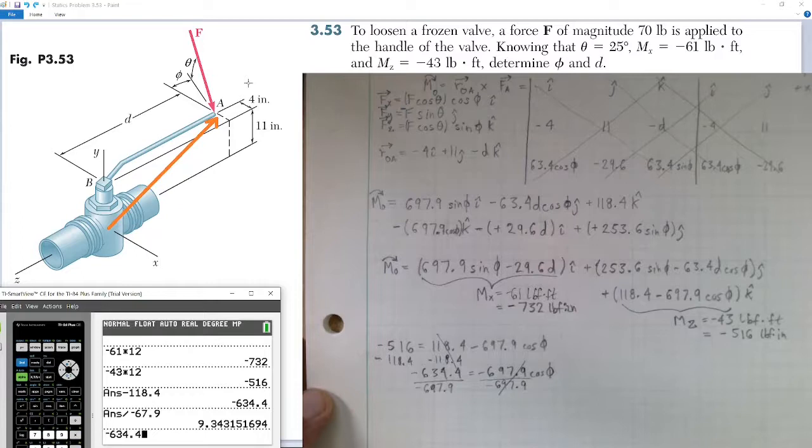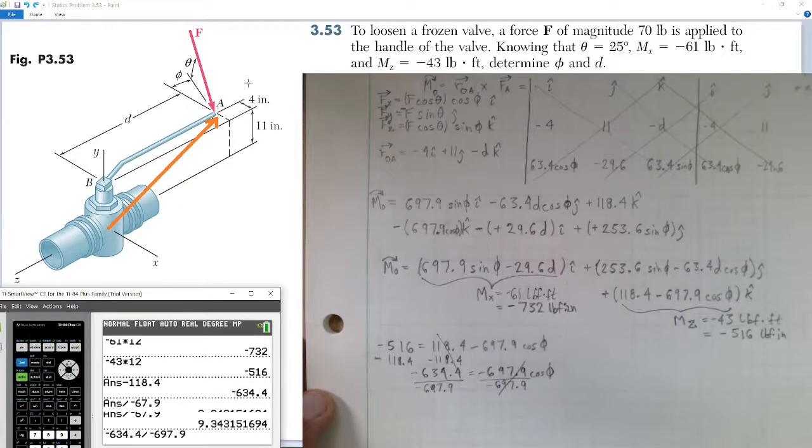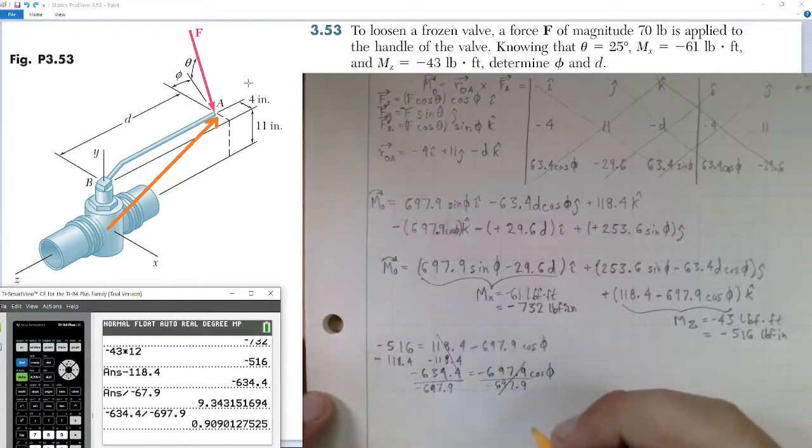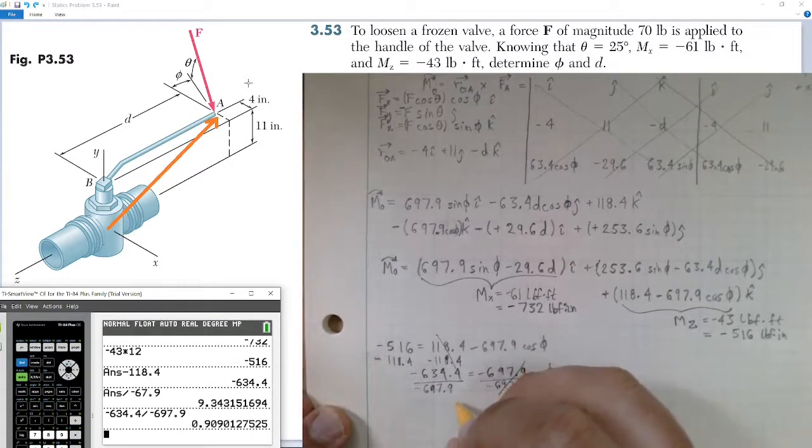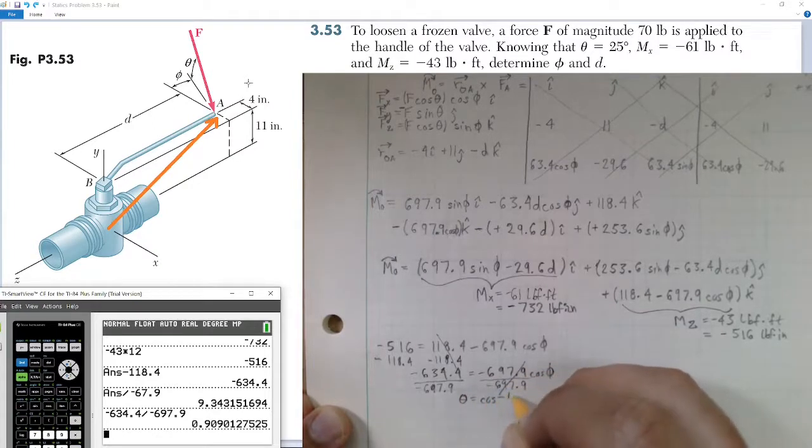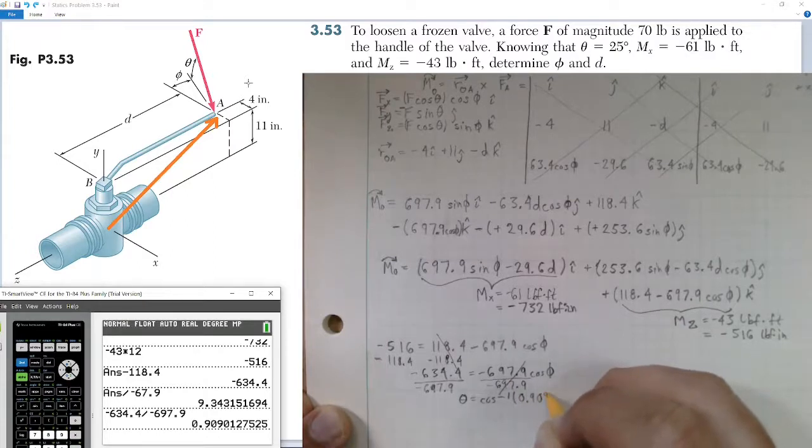This number divided by negative 697.9. There we are. So this is equal to cosine of phi. So that means phi equals cosine inverse of this number, 0.90901.